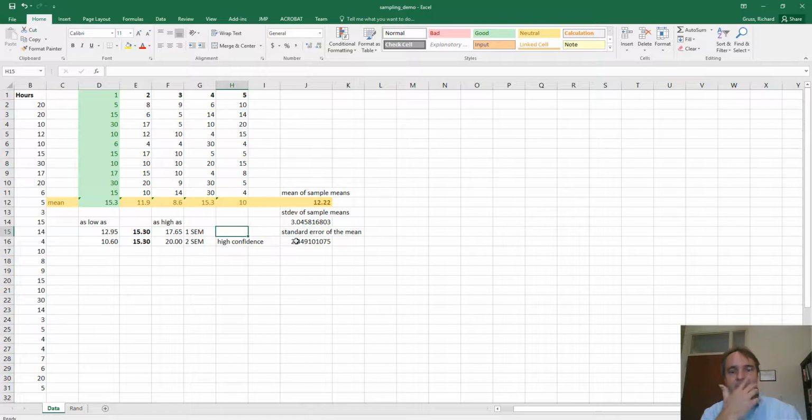That would be like me saying, I'm very confident that the average height is between 2 feet and 10 feet. I can be pretty sure that it's in there somewhere. But only going out 1 standard error would be a low confidence. Okay, all right. So when we make a confidence interval, how wide it is going to depend on how certain we want to be.